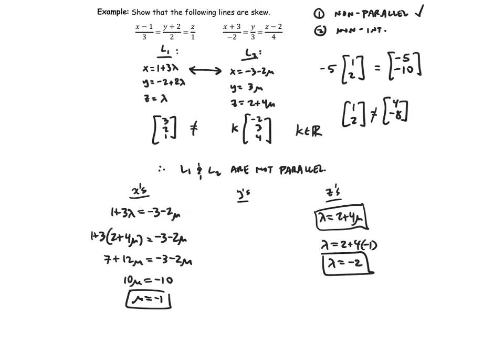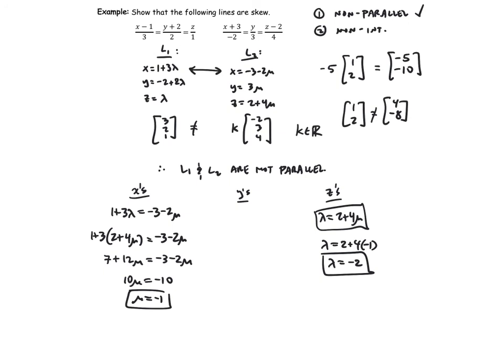So I'm hoping that the y values are equal. I'm trying to show this is skew. So when I plug lambda equals negative 2 into the y for L1 and mu equal to negative 1 for the y in L2, if those two values are not equal, then we know the lines do not intersect.